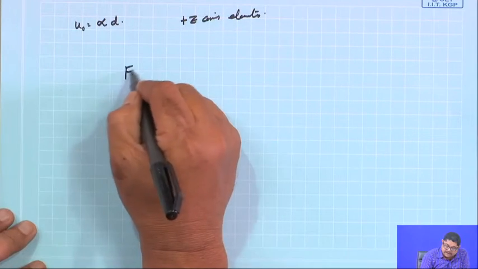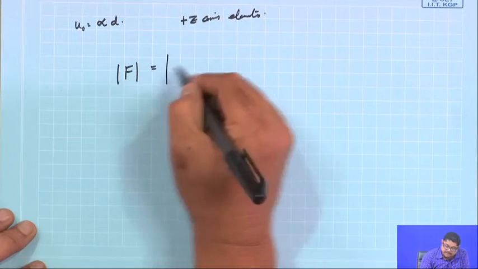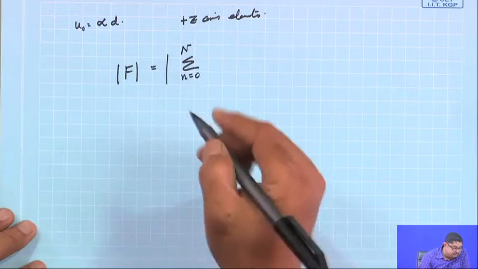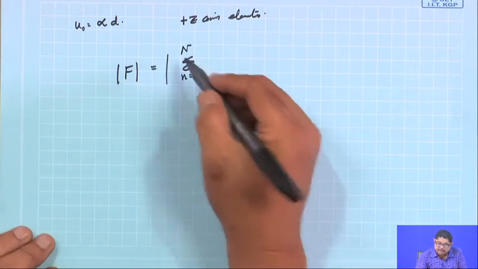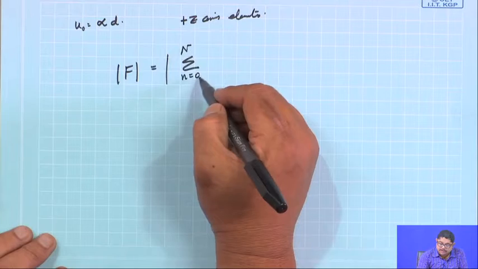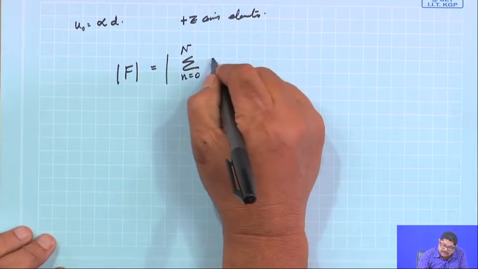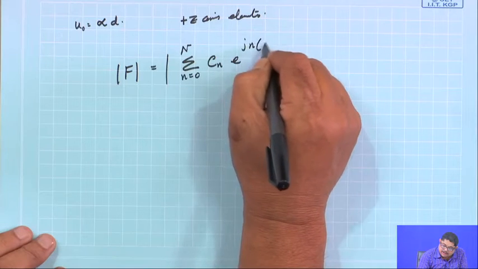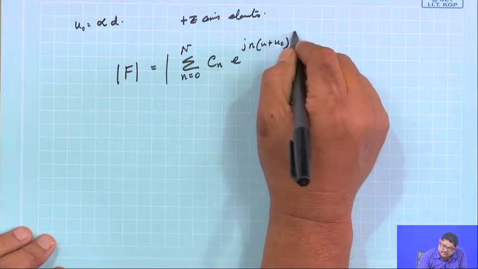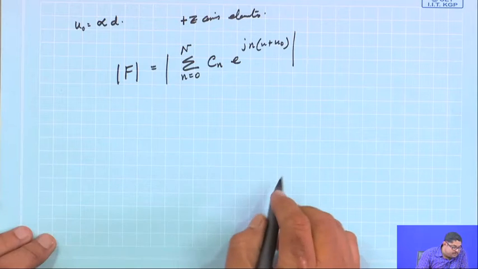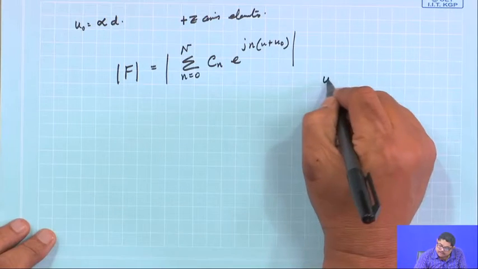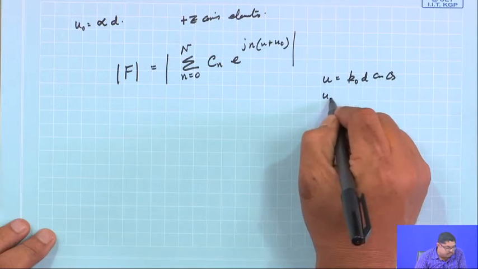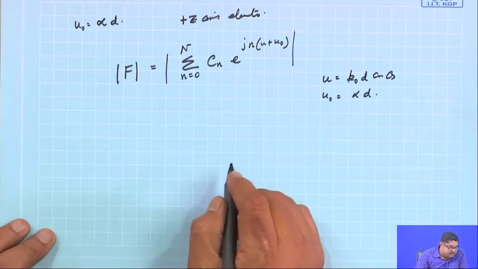So, the array factor will be, now our element count is still n plus 1, sum over n equal to 0 to n of C n e to the power j n (u plus u naught), where u is equal to k naught d cos theta, and u naught is alpha d.